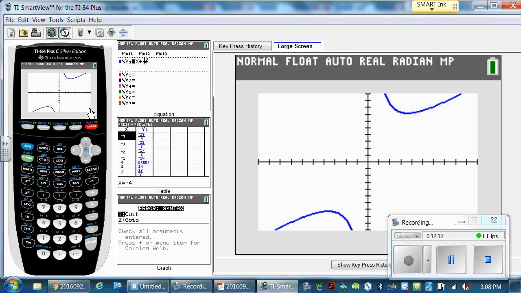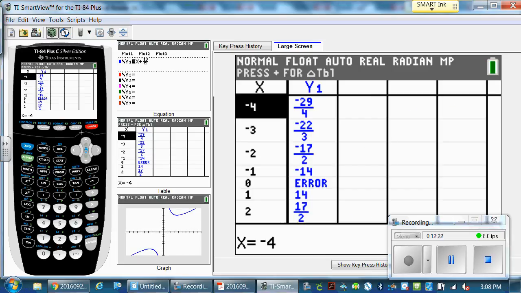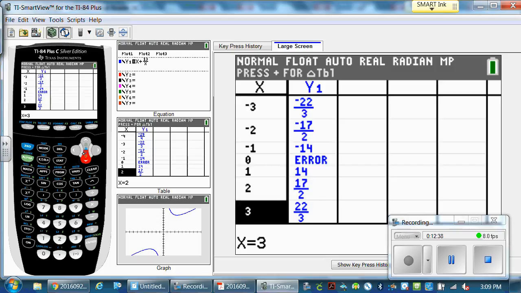If you're not quite sure, you could turn your paper over and see what it looks like, but you can also check your table. And how this looks is negative 3 or even negative 2, I can't see positive 3, but negative 2 and positive 2, they have opposite signs. Negative 1 and positive 1 have opposite signs. See how negative 3 is negative 22/3? That positive 3 is going to be positive 22/3. And they're opposites, so that's an odd function.